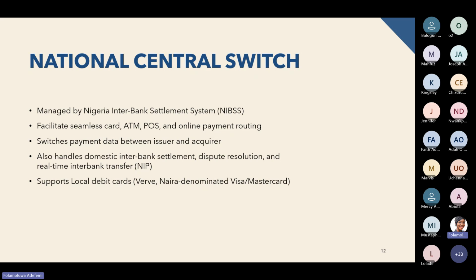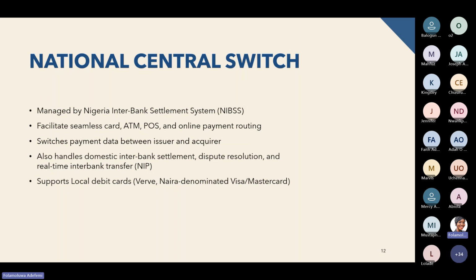At the point of entering the card and putting in your PIN and data being transmitted and response coming back with 00 successful, actual funds are not moved, right? Funds are just, authorization just happens. So it's not like the money has left GTB at that point and has gotten into Access Bank.